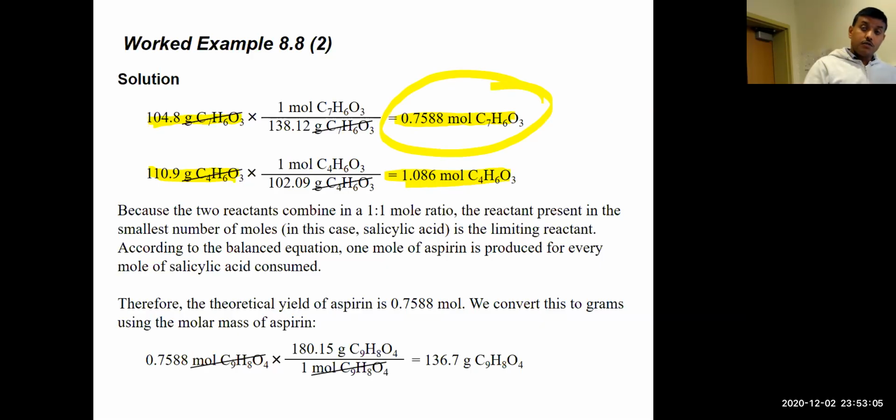Now, our goal is to identify the theoretical yield of the product, the aspirin, if you start the reaction with 0.7588 moles of limiting reactant. Let's go back.